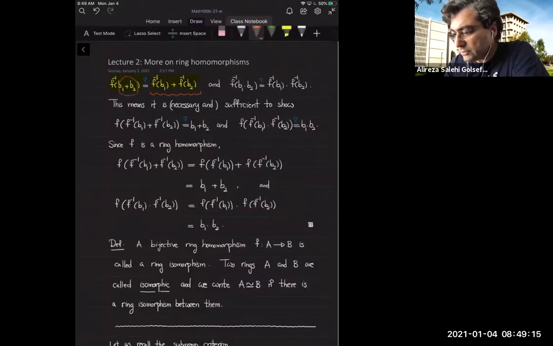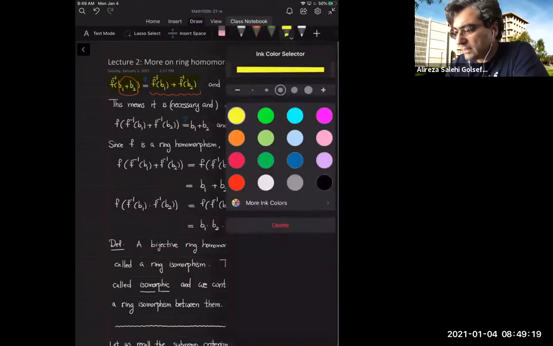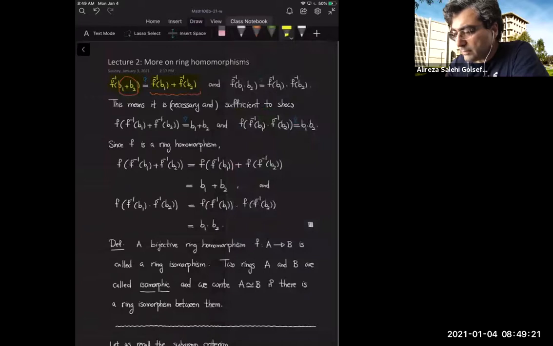This is what we need to show. And this is exactly what I've written over here, that when we apply F to F inverse of b1 plus F inverse of b2, we are going to end up getting b1 plus b2.